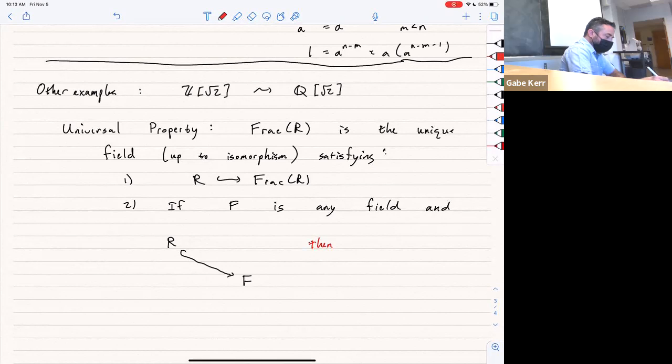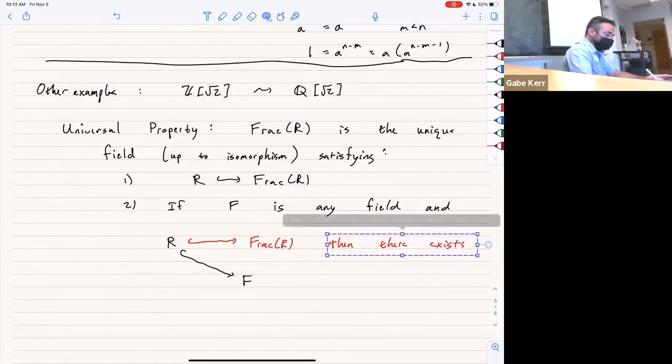Then there exists, so then what you can do is, this is sort of like a timeline thing. Take your first inclusion and realize, okay, you have 2 inclusions into 2 fields. And once you see this, there exists some new homomorphism.